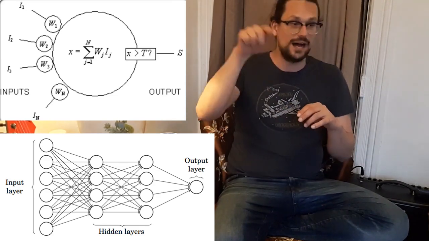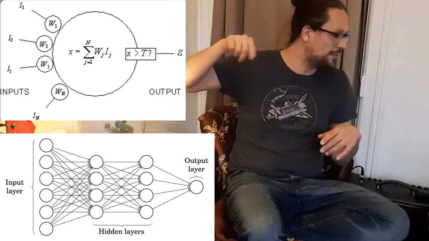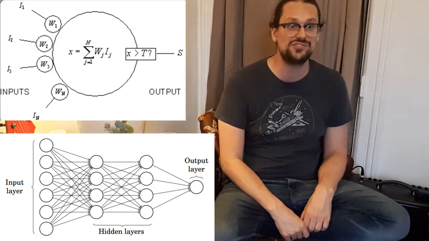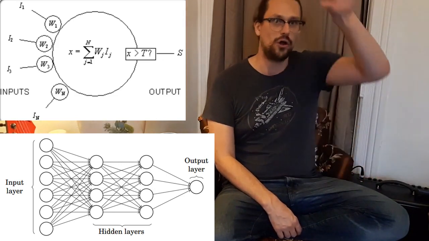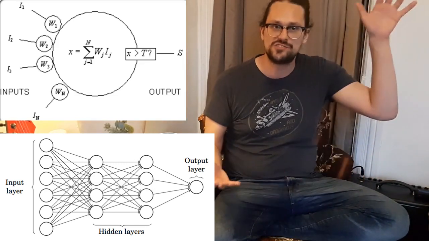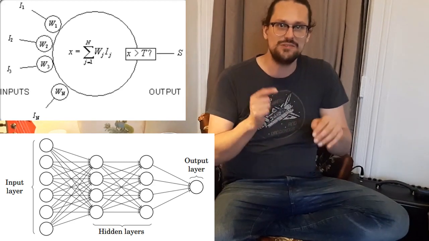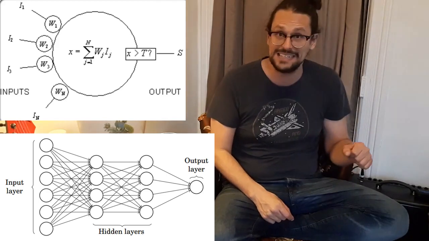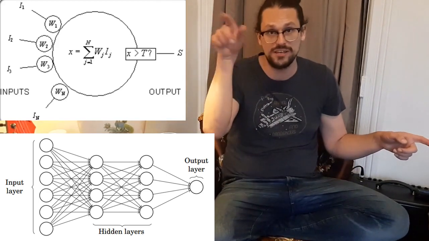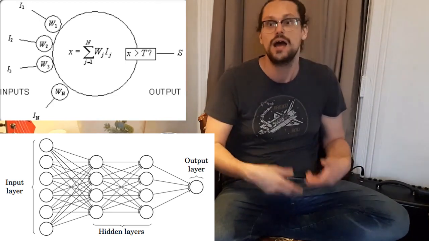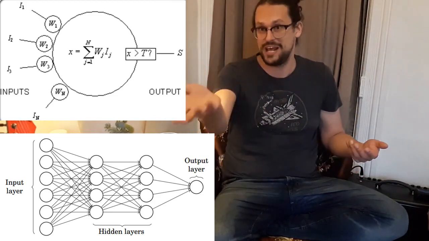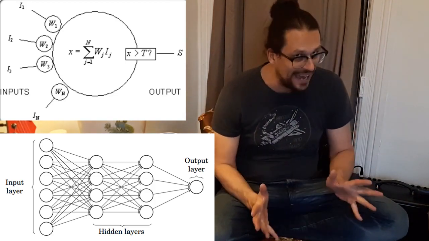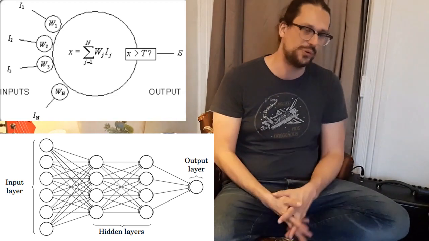That's what this little x equals sum of Wj Ij, all of the math in there that looks really intimidating, basically just says take all of the inputs, multiply them by their respective weights, sum all of that up, and see if it exceeds the activation threshold, which is represented by t. So if x, our sum of all the weighted connections, is greater than t, our neuron will output a signal to the next neurons in the next layer. So this is how basically information travels through a neural network.